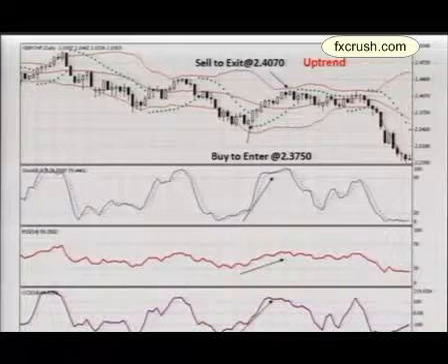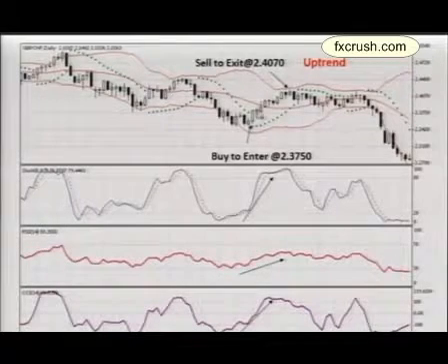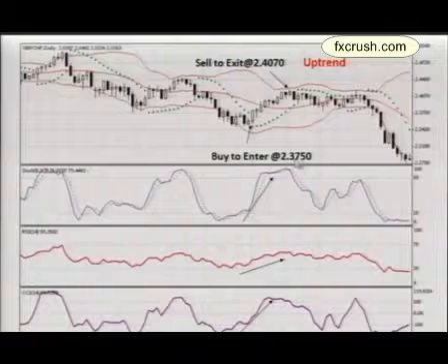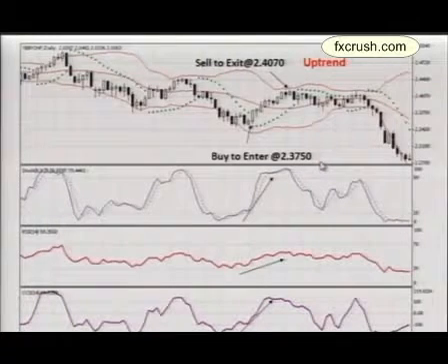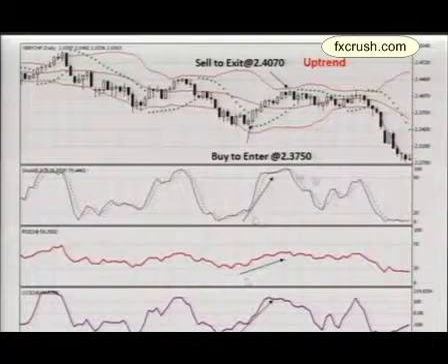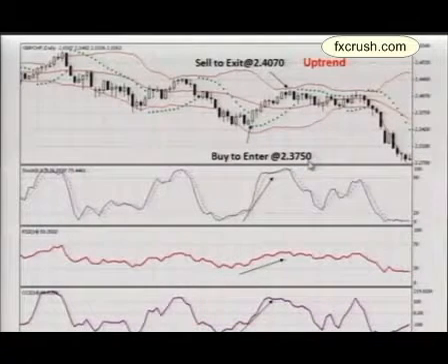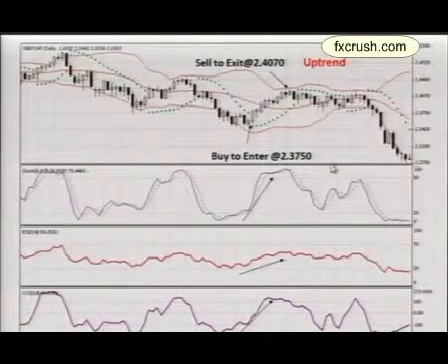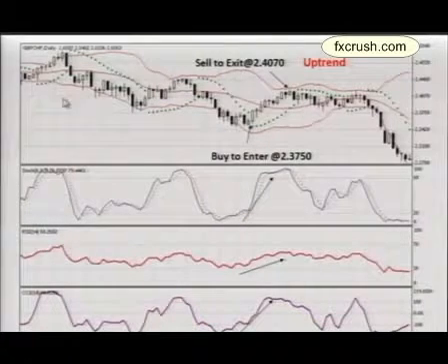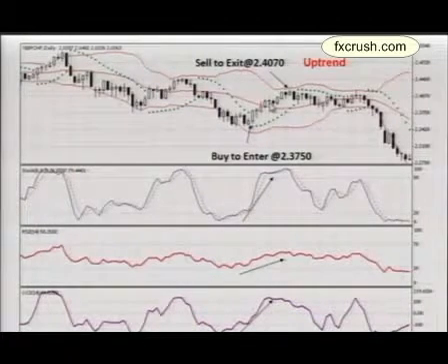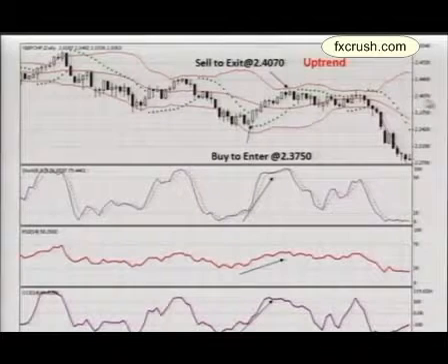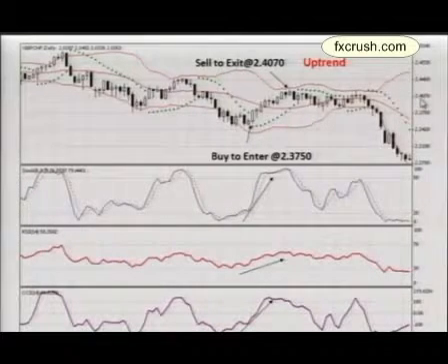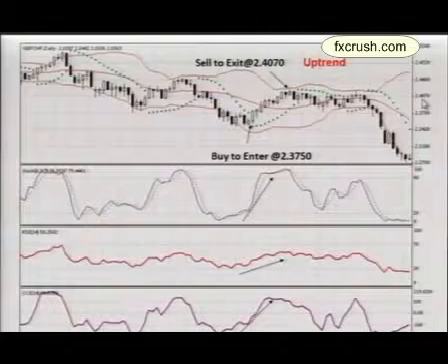Now the only thing is, when you entered over here at 2.3750, what will be your stop loss? 100 pips below, correct? So 2.3650, correct? But when you enter here at this level, you are entering at 2.4070. So your stop loss has to be 100 pips below this. Are you with me?